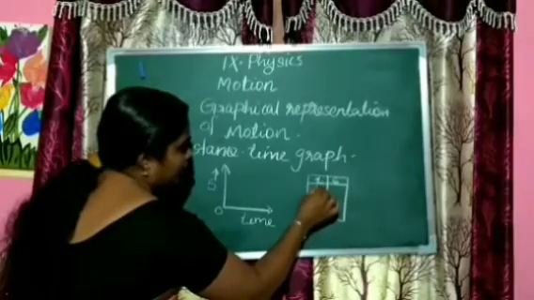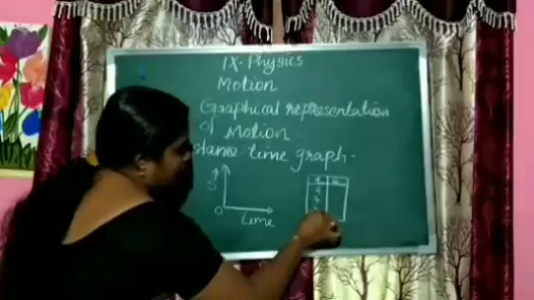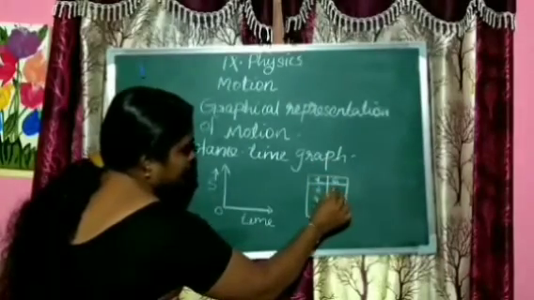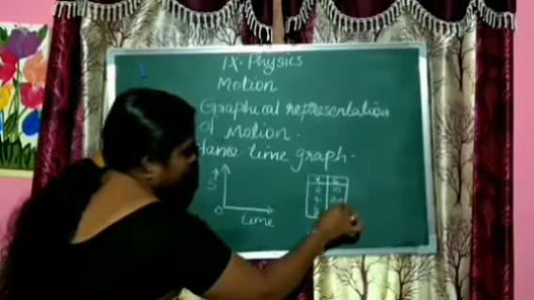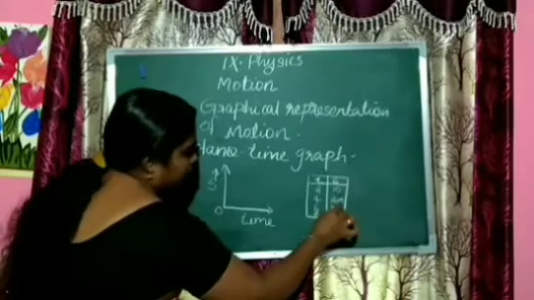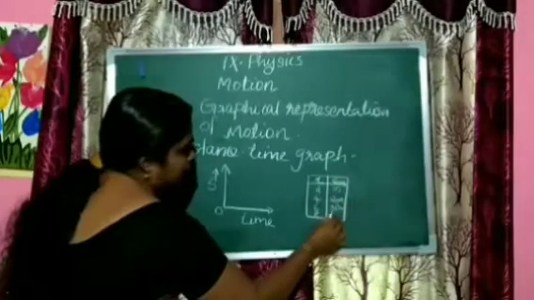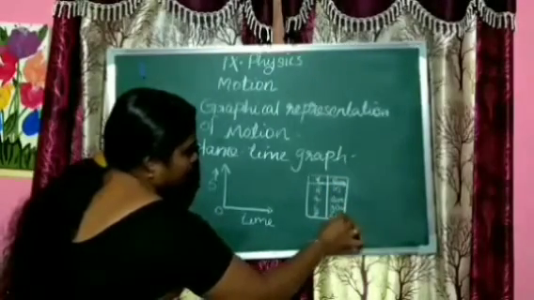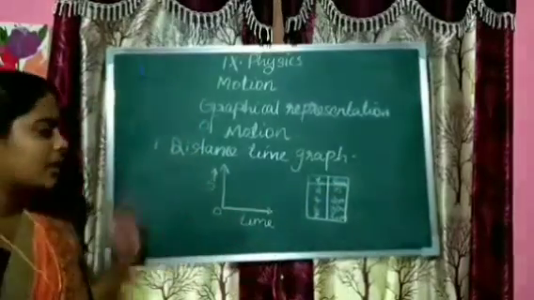The time is 2 seconds, 4 seconds, 6 seconds and 8 seconds, and the displacement is 10 meter, 20 meter, 30 meter. Meter is the SI unit of displacement, and here it is 40 meter. So let us plot a graph by using this data.